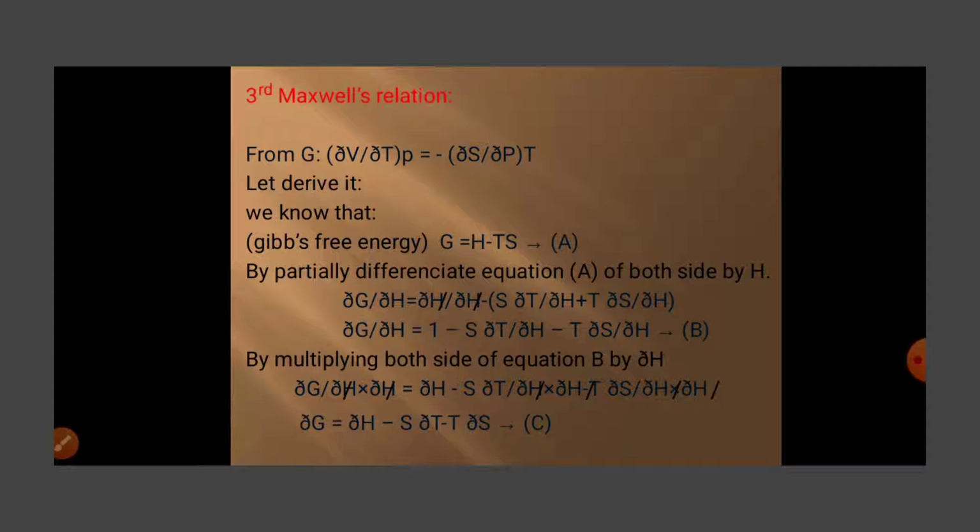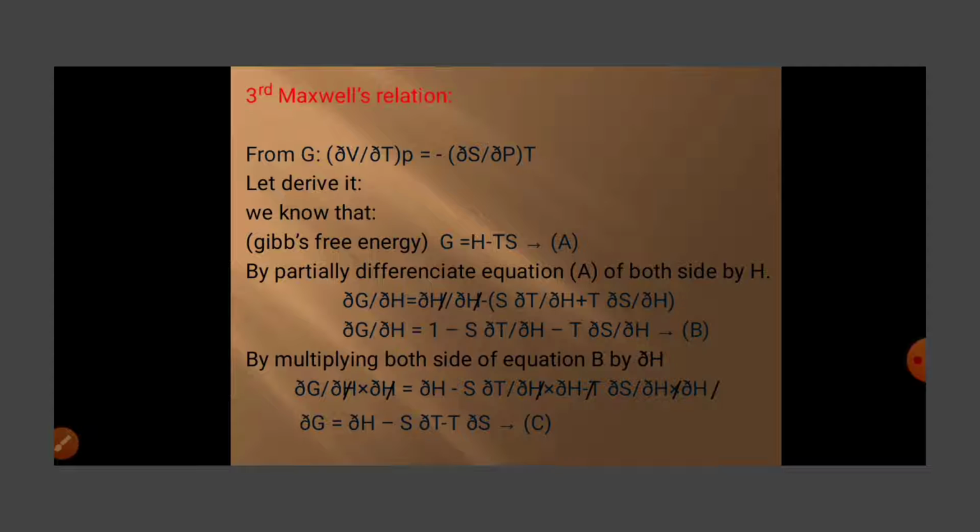This is minus. How? Because minus into plus gives a minus. Multiplying both sides of equation B by ∂H, ∂G/∂H multiplied by ∂H equals ∂H minus S ∂T/∂H multiplied by ∂H minus T ∂S/∂H multiplied by ∂H.